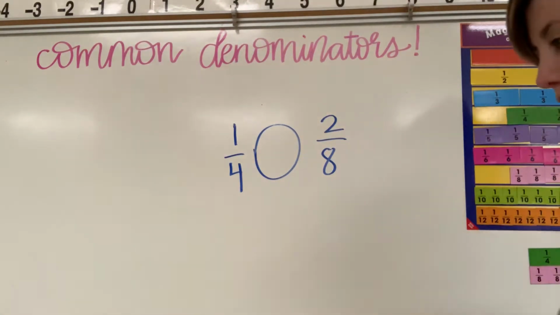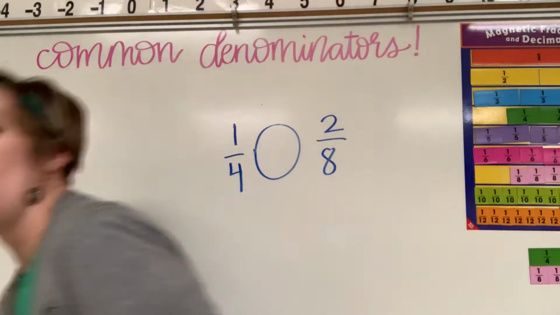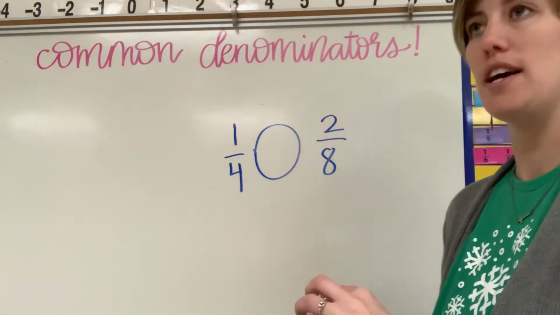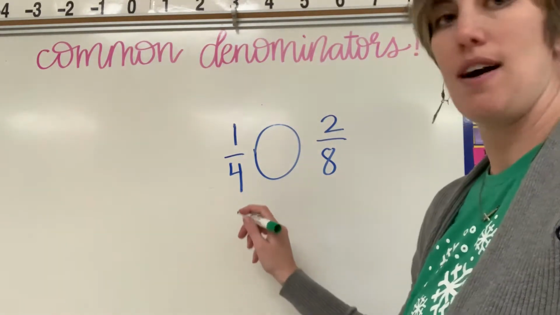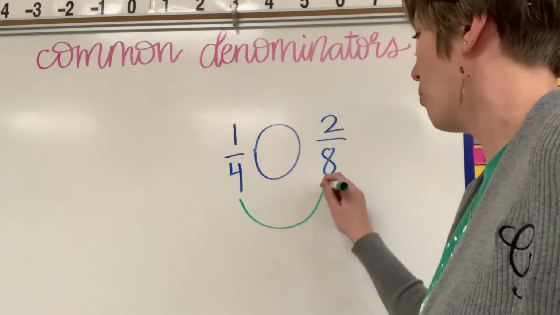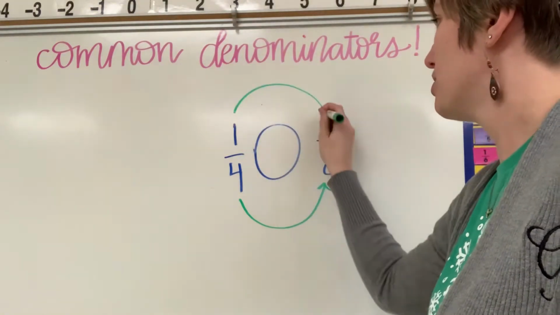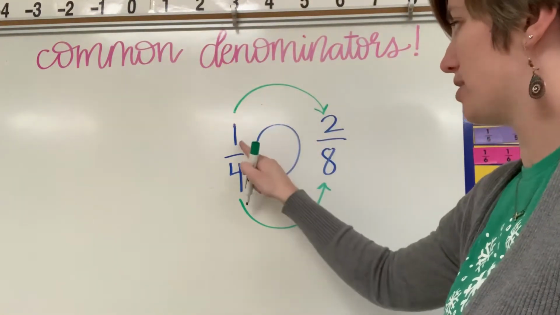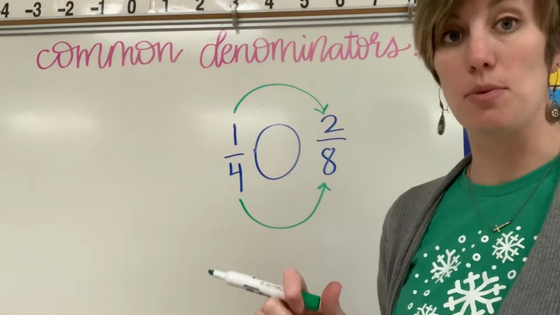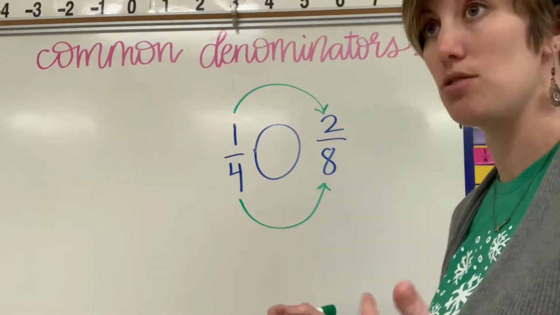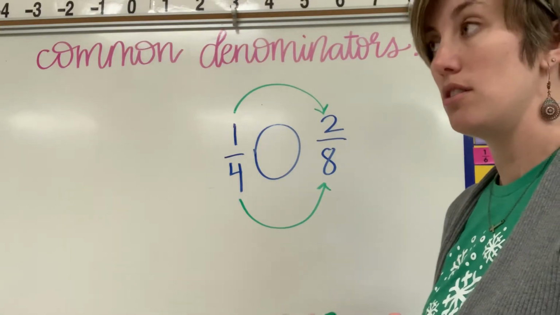If you don't have tiles, one of the things that you can do is use multiplication to decide. This is how I've taught my class. Is there something we can do with these two numbers that is the same?